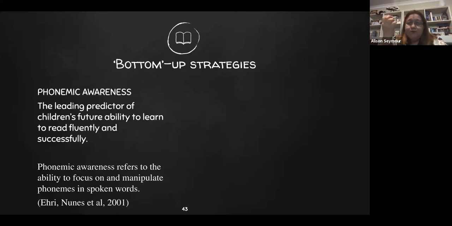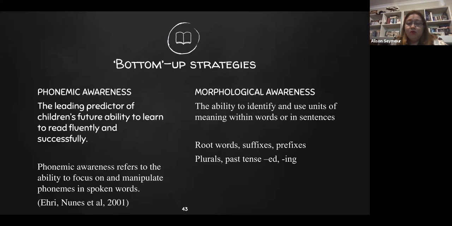If you can hear them, you can recognize them, you can more easily read and write them. And morphological awareness is the ability to identify and use units of meaning within words or sentences.